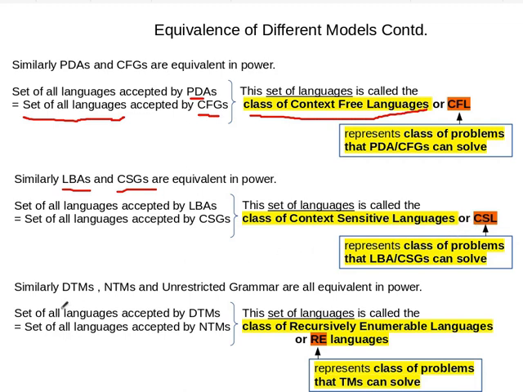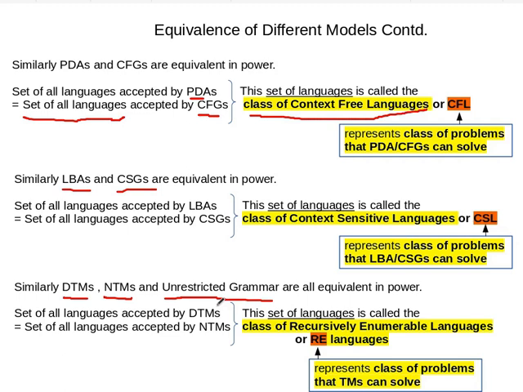And finally we have the deterministic Turing machine, the non-deterministic Turing machine, and unrestricted grammar. Again, they are equivalent, and the class of languages corresponding to these equivalent models is the class of recursively enumerable languages, or RE languages.